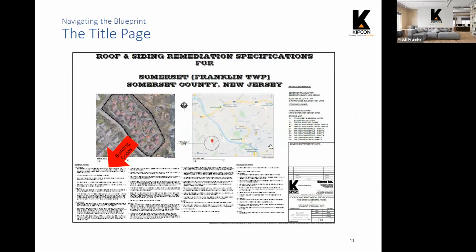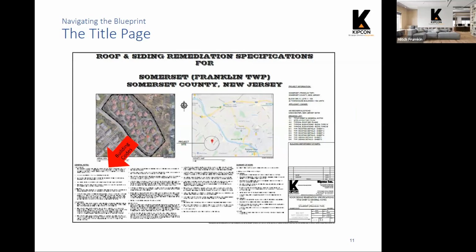Another component of a title sheet are the general notes. General notes will tell you what the standard of design is in the drawing set that you're looking at. So in the case of a building, in this case a roofing and siding project, you'll see the building codes upon which the design of that roof replacement is dependent.